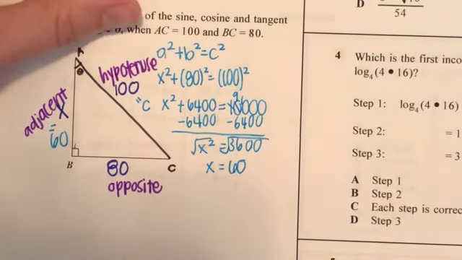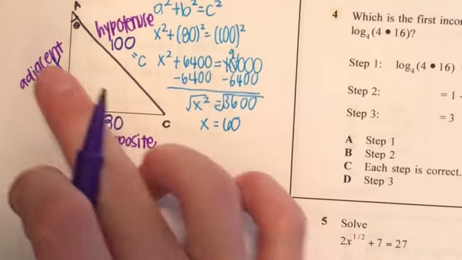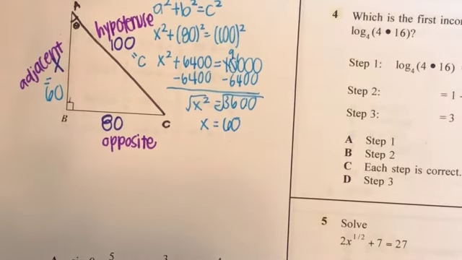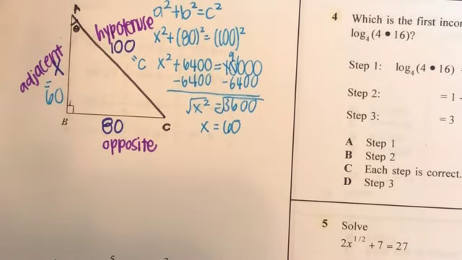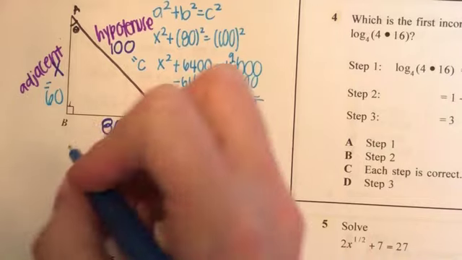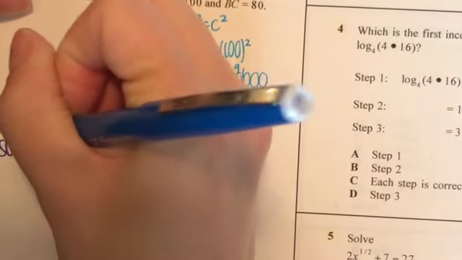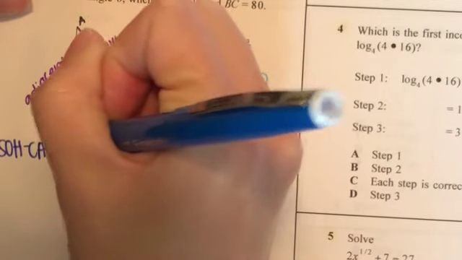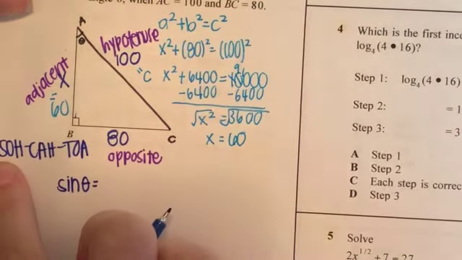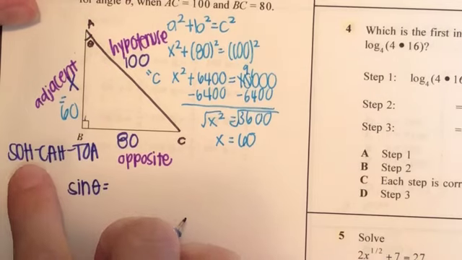So now that we have all 3 of the sides labeled, we can list sine, cosine, and tangent. So sine, we remember, I'll write SOHCAHTOA over here for you guys. Sine means opposite over hypotenuse.